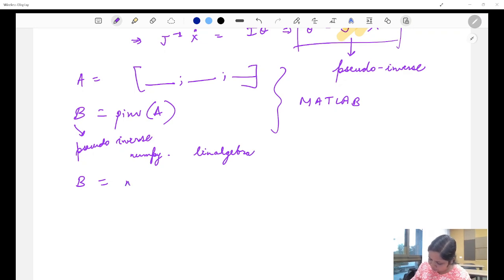So we write np dot linalg dot PINV of A. So this helps you calculate the pseudo inverse in Python. All right. I hope this is clear.